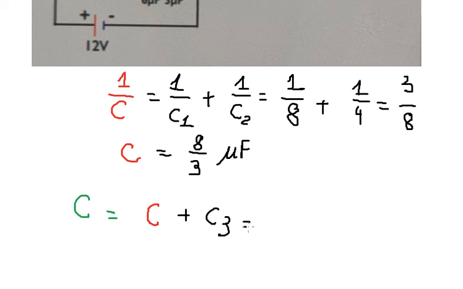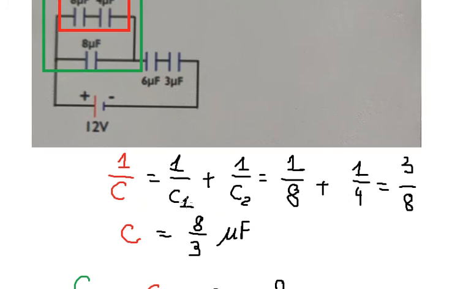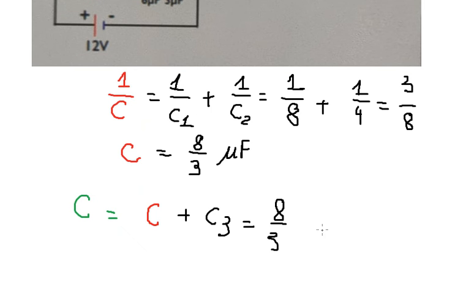So we know that the red one we just calculated in here is 8 over 3, and C number 3 is 8. So we have 32 over 3 microfarad.